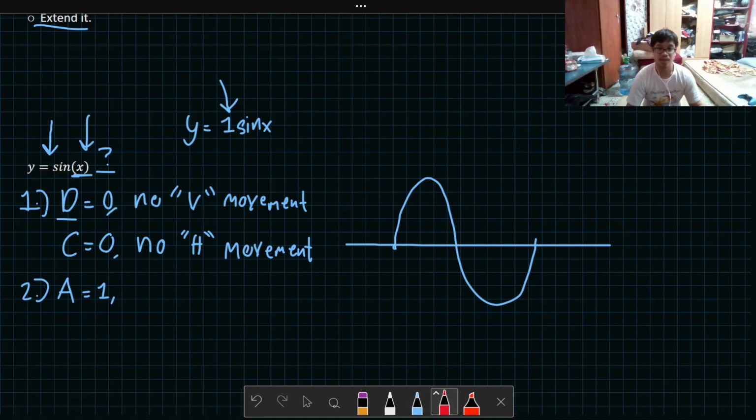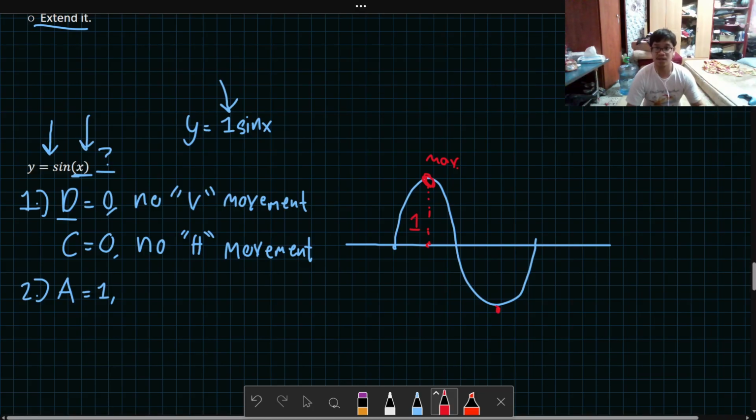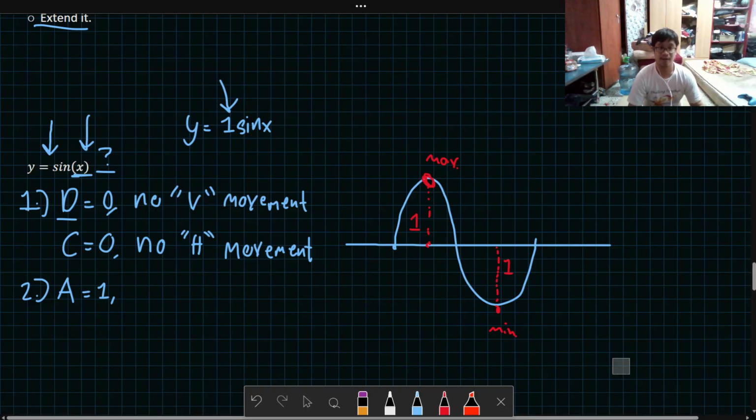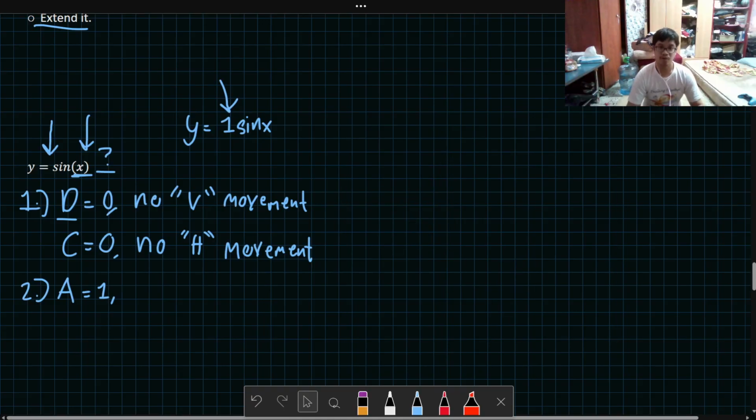The distance between the maximum point and the midline would be 1 unit long. Likewise, the distance between the minimum point and the midline will also be 1 unit long. So that is the expectation that we're going to have.